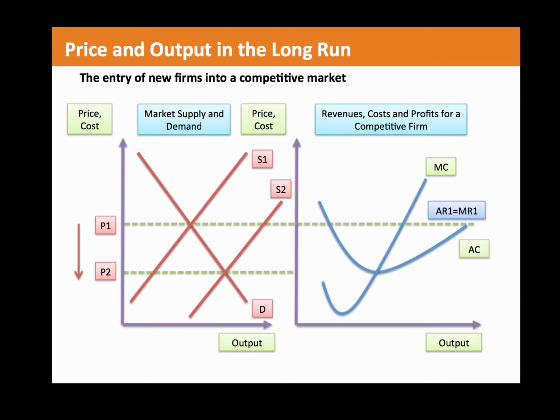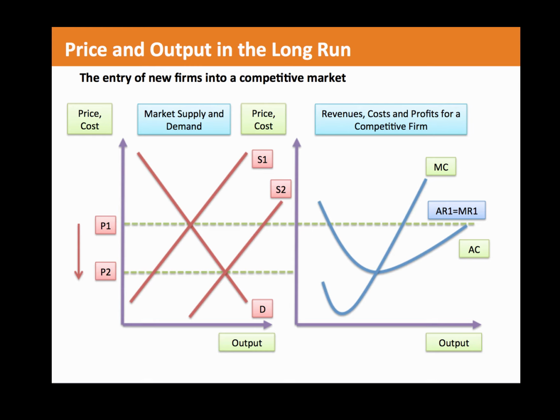On the left-hand side, we assume that the high level of supernormal profits in the short term is going to attract new entrants into the market. New firms will come in, each producing the same standardized good or service. The result of new firms coming in is that the market supply curve shifts out from S1 to S2, and the market price will fall from P1 down to P2.